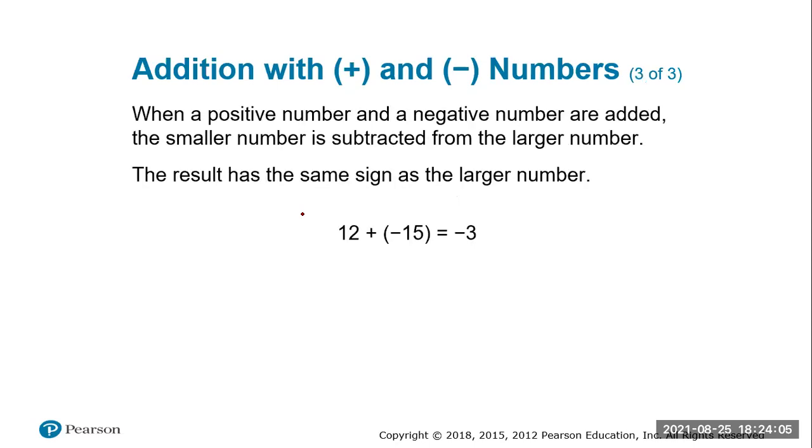If you add a positive and a negative together, you're basically multiplying a positive and negative together, turns it into a negative, and you actually subtract. So 12 minus 15 leaves us a -3 when it's all said and done.